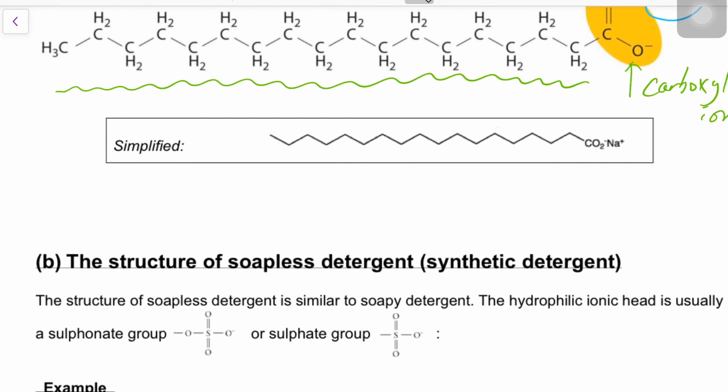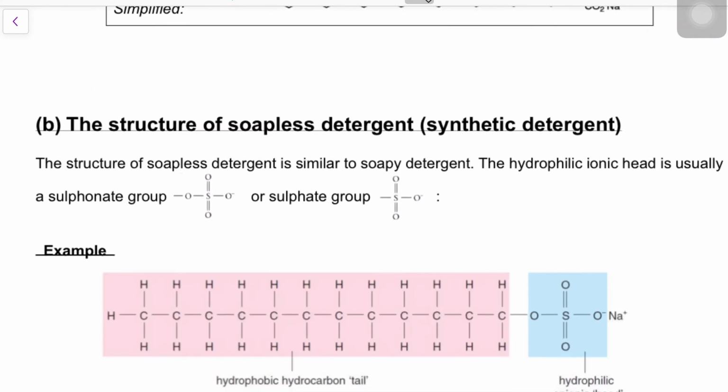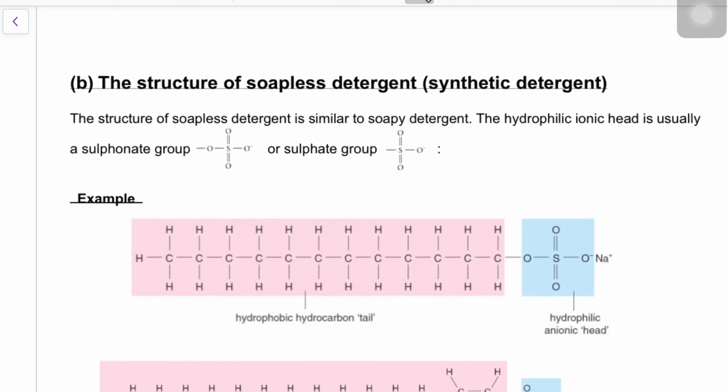How about the non-soapy detergent or soapless detergent? This is man-made, so we have many choices, but it also carries the hydrocarbon tail, while the ionic head will be some kind that comes from sulfuric acid.